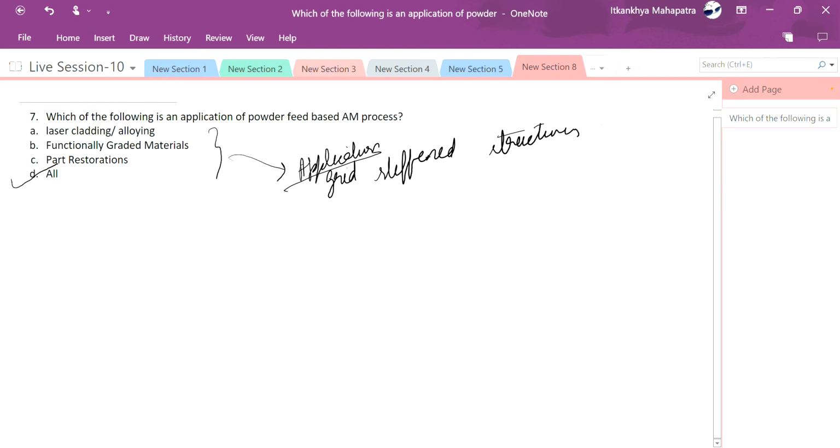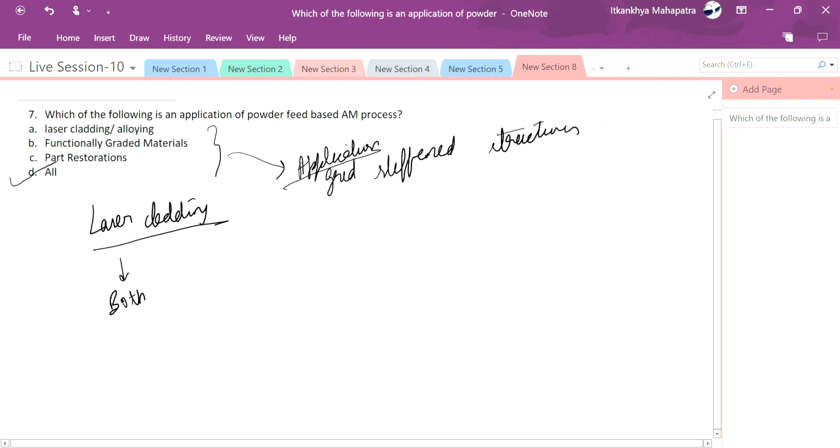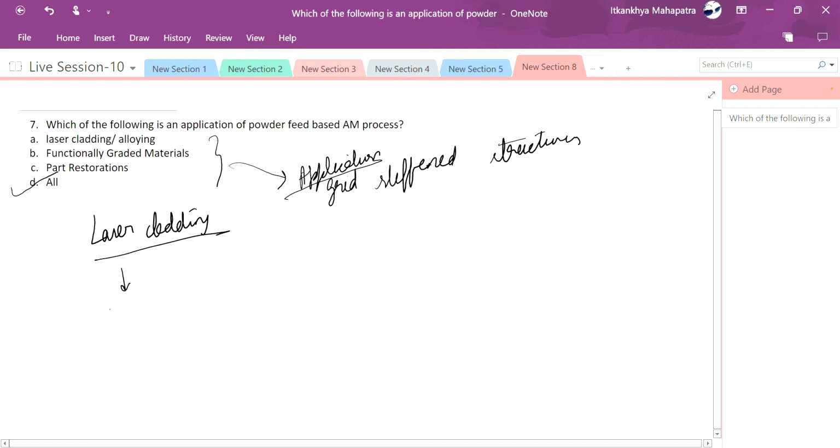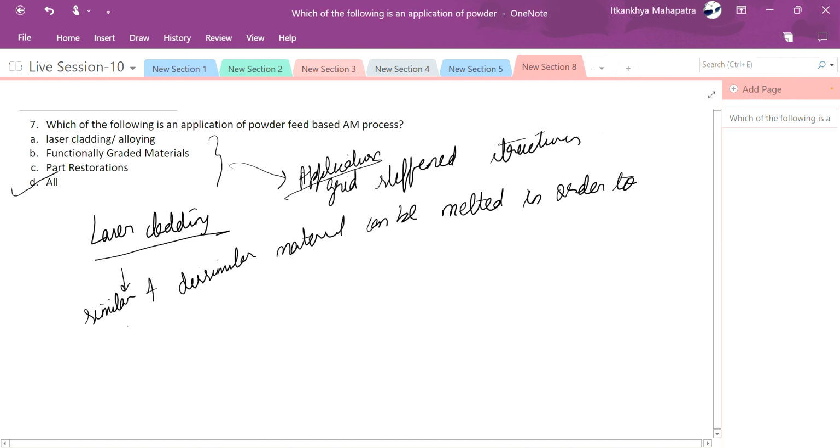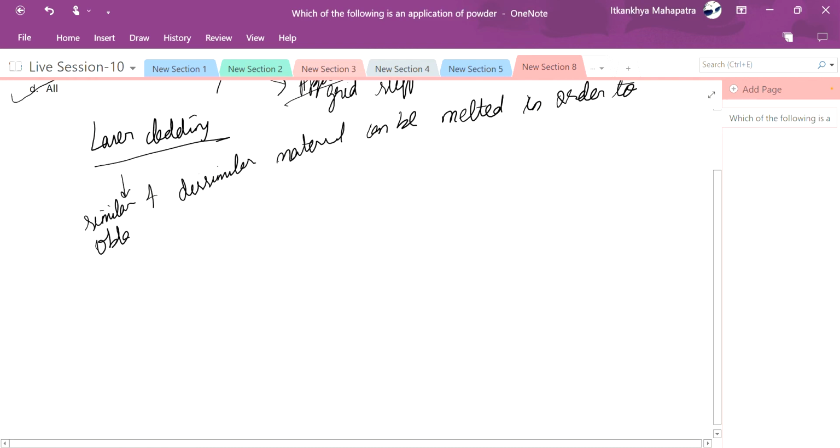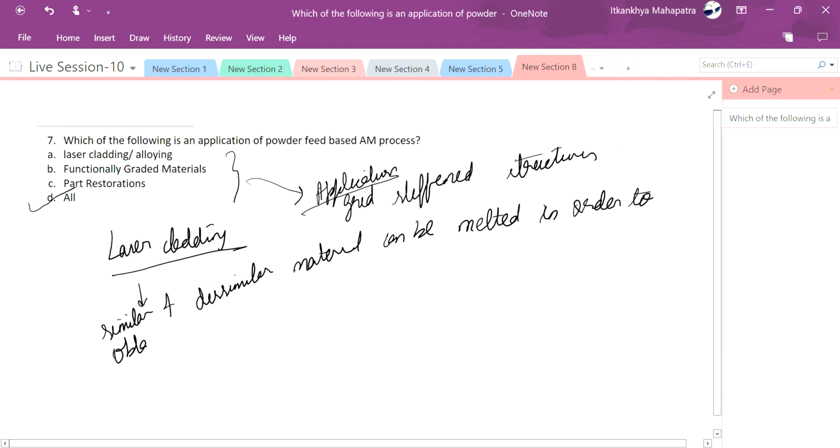Both similar and dissimilar material can be melted in order to obtain a new surface with the desired properties.